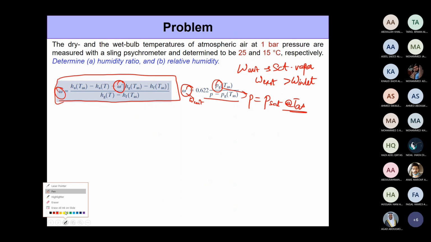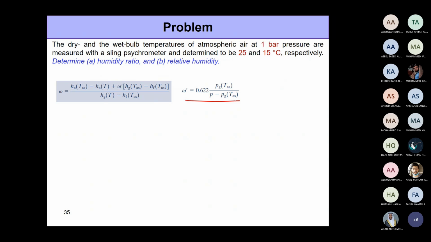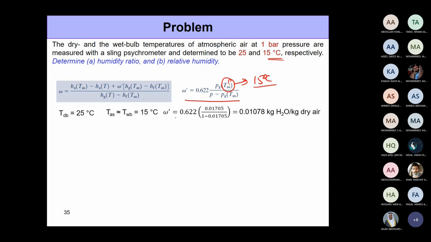Okay. So now we can start by calculating this. The adiabatic saturation temperature is given as 15 degrees Celsius here. That's the wet bulb temperature. So we calculate omega prime by plugging in these numbers. This 0.01705 is nothing but the P sat at 15 degrees Celsius, right? So you put that number in, divided by 1 minus the same number.